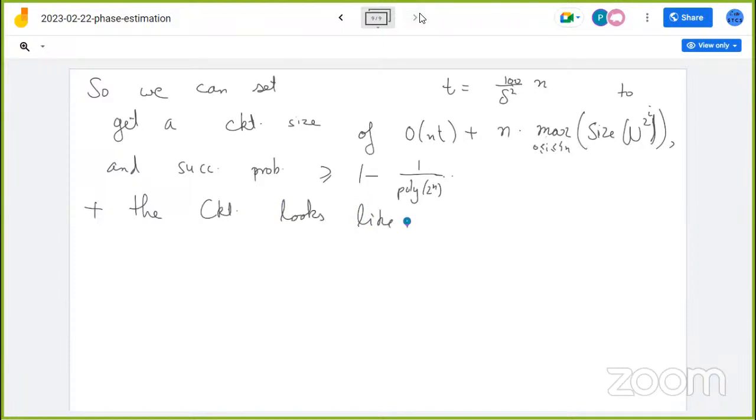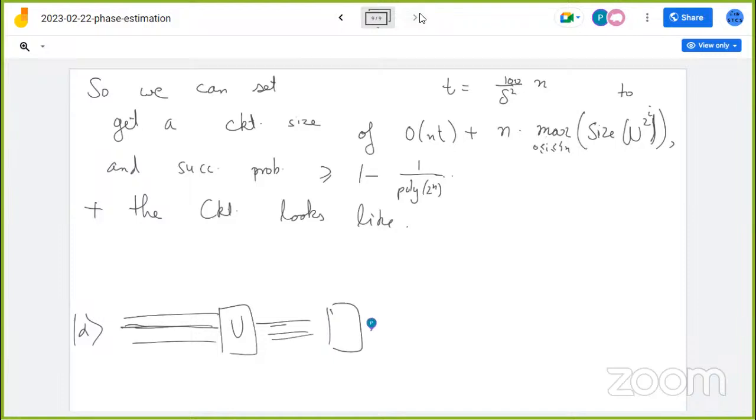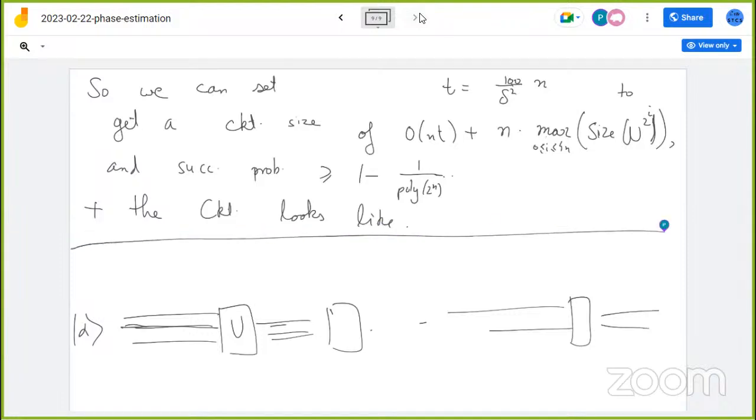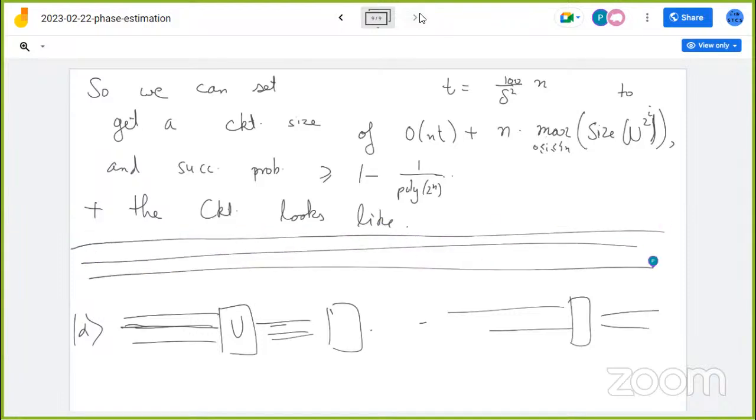This is alpha, and there is U happening and all these things are happening here, and some other things are happening here, with all these gates, controlled also.